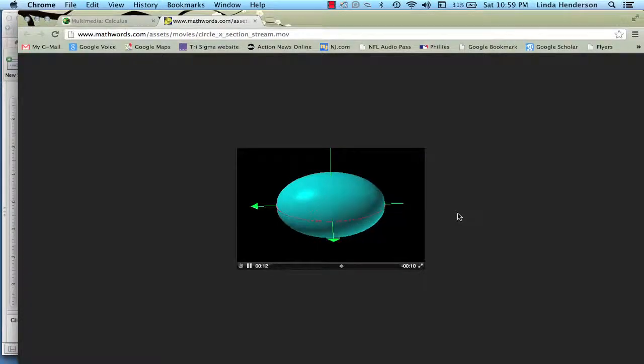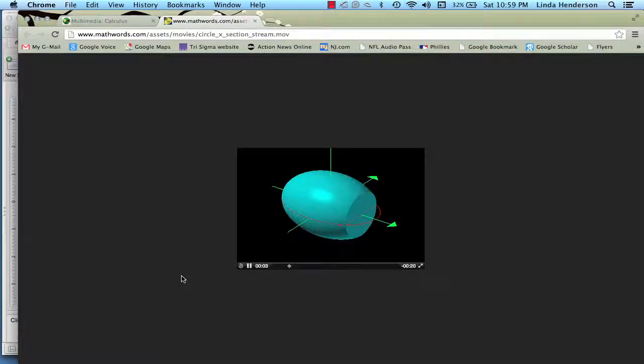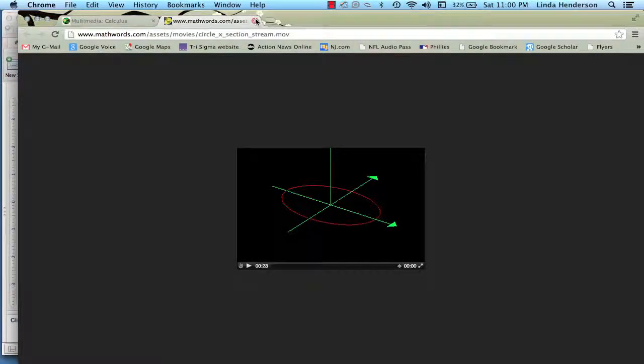Again, it's at the center of the ellipse that the circle is going to be its largest, with the longest diameter, and they get smaller towards the ends. All right, so let's return to our lesson then.